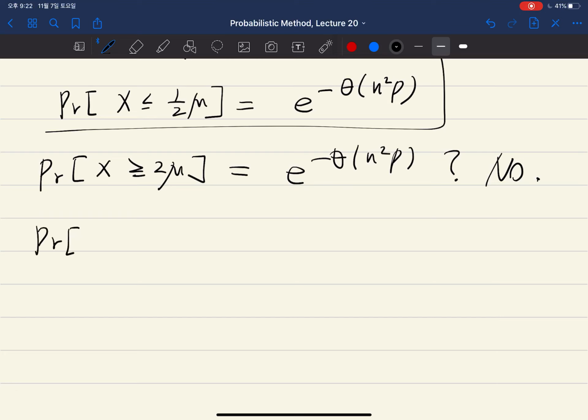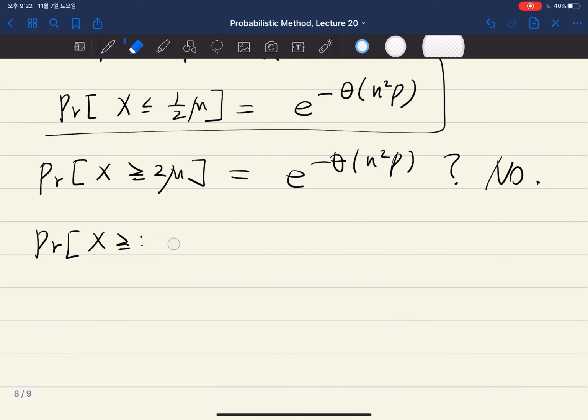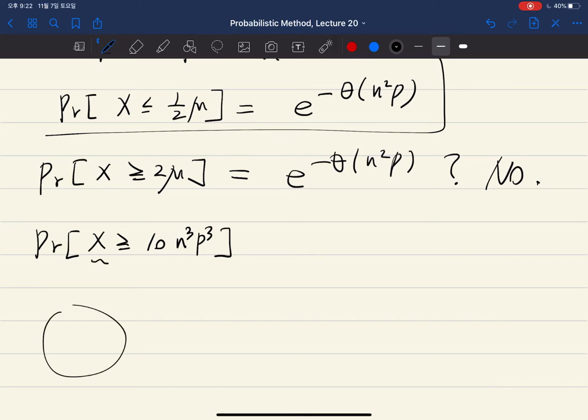Because what's the probability that x is bigger than, say, 2 mu? So 2 mu is roughly, say, 10 times n cubed p cubed. Then there are several ways to get this x. One of them is that you have, say, 10np vertices, and every pair here are edges, a large clique of size np.